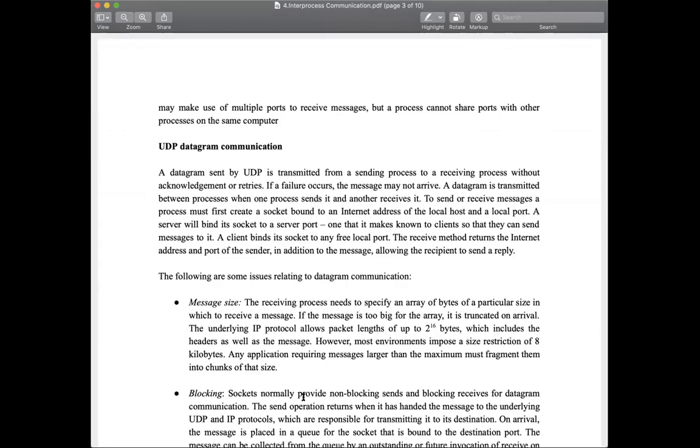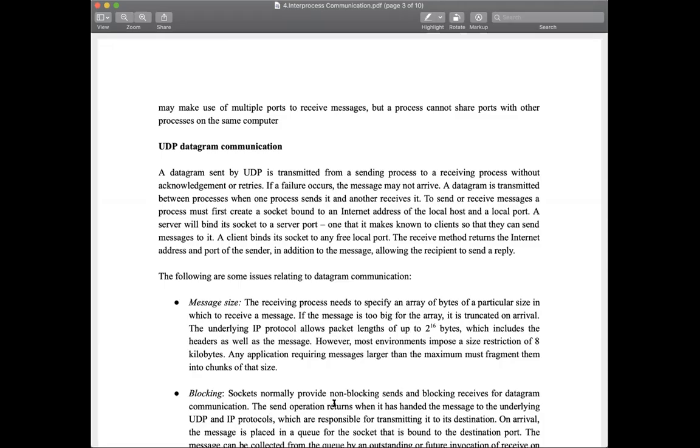UDP is defined as a connectionless communication, and TCP is defined as a connection oriented protocol. UDP is a connectionless protocol, and TCP is a connection oriented protocol, right?